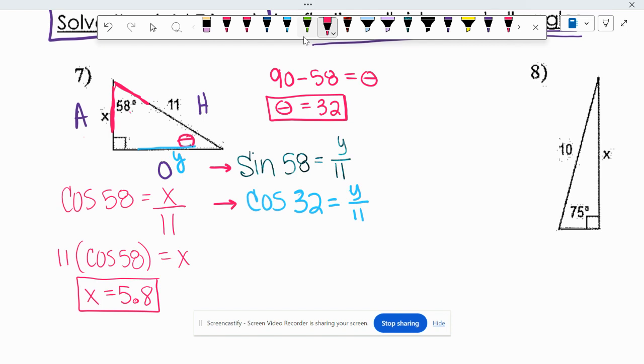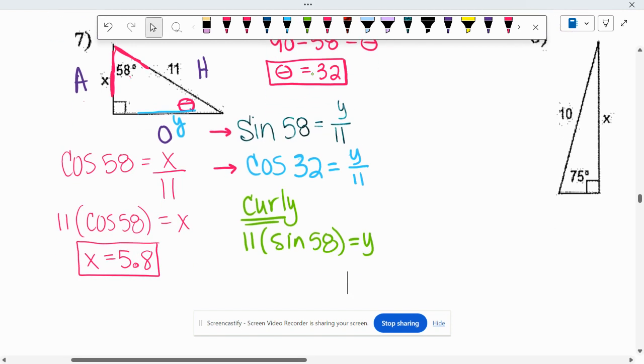Draco, you're curly hair. So Draco, I'm calling on you for the curly hairs. 11 times the sine of 58. Tell me what you get for that, Draco. 9.3. Yeah, we got that.